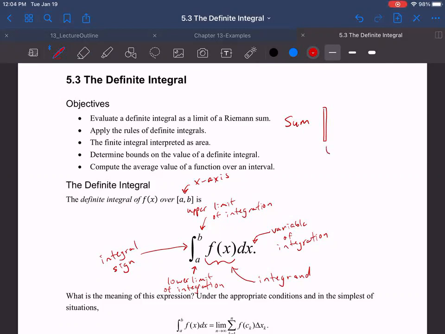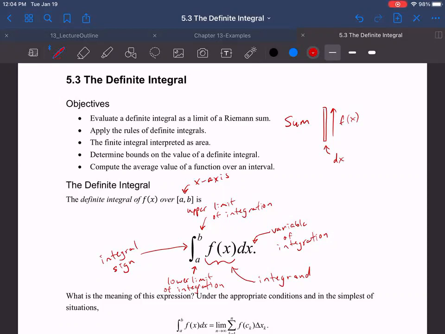The width of that rectangle is dx. The height of that rectangle is f of x. And that's what it's telling you to do, to go through every single f of x, create a rectangle of width dx, find its area, and then add them all up from a to b.